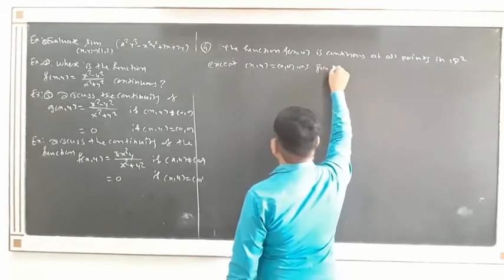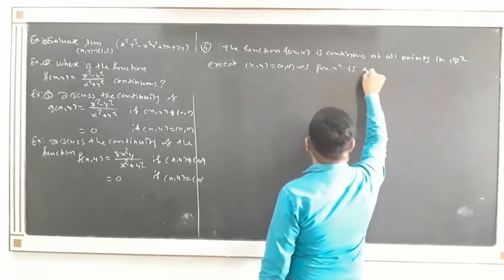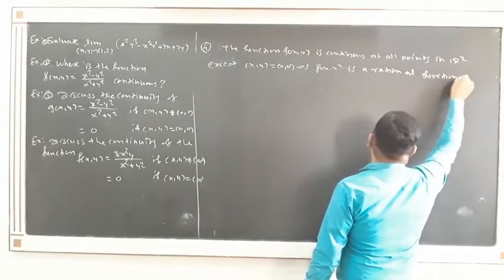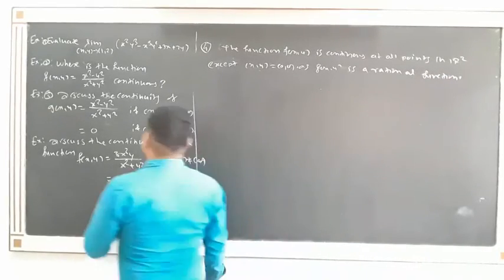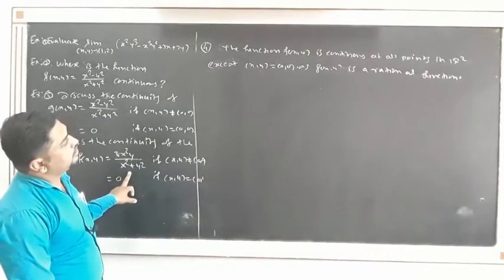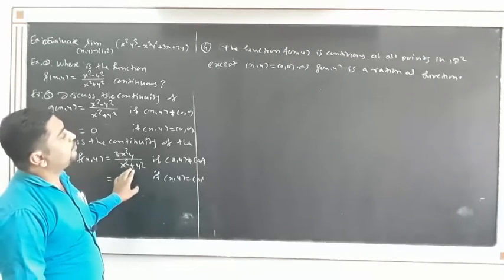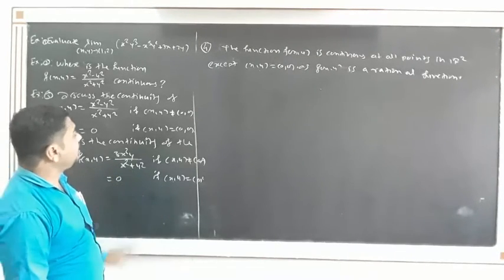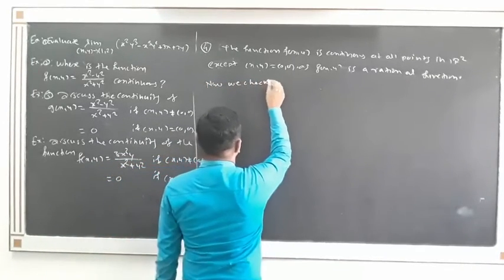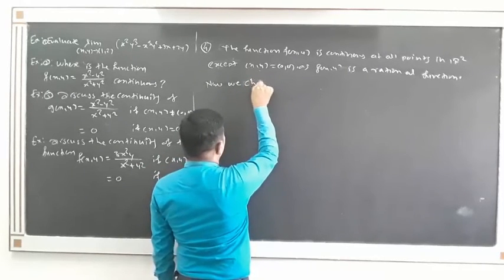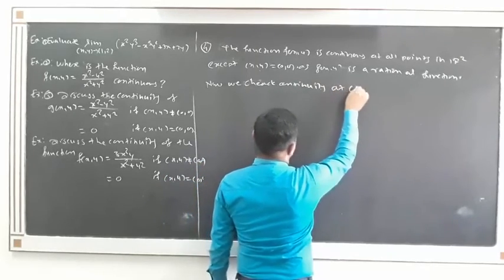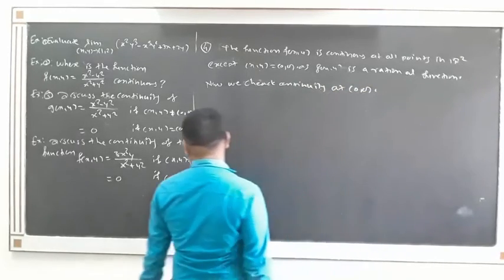As f of xy is a rational function, it is not defined where the denominator is 0, and therefore it is continuous except where the denominator is 0. Now we check the continuity at 0, 0.